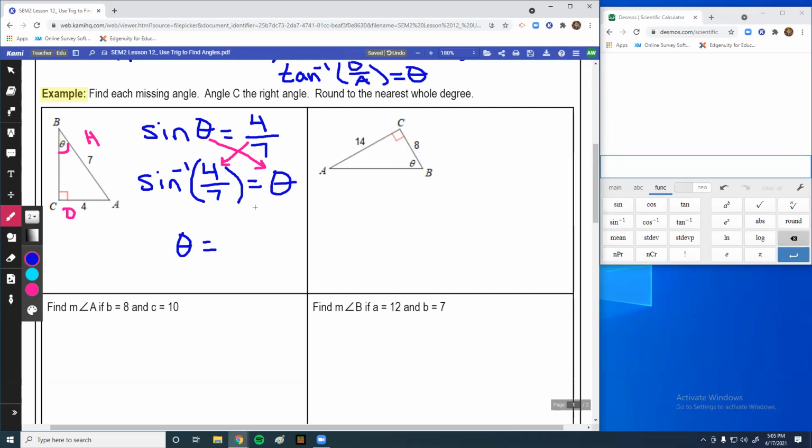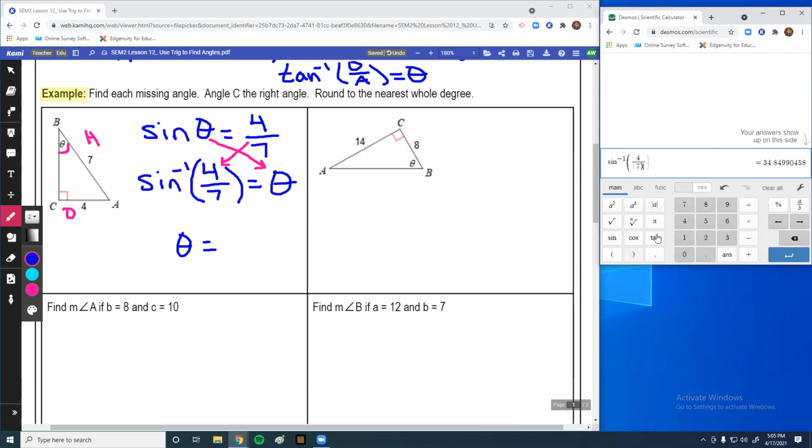Once we're at this point, we come over here to our calculator, sine inverse, and then 4/7. I'm going to close parentheses. Oh, it closed the parentheses for us. And then hit enter, and there we go. So that is our angle.